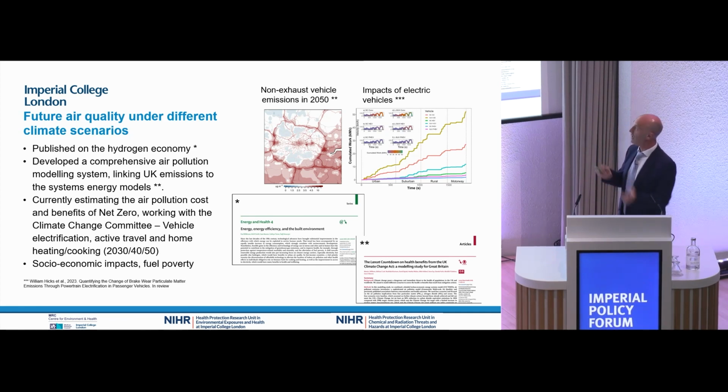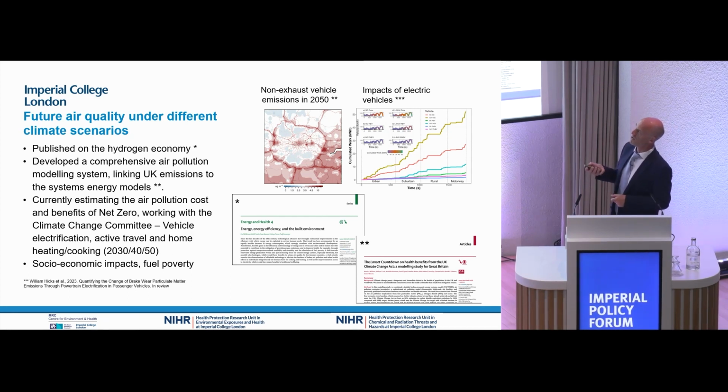We've also done an NIHR project, with Martin Williams, and we produced air pollution modelling systems, including emissions that were linked to systems energy models, and that's quite important because the whole energy system of an economy is really important and very interlinked, and so that drives some of the emissions that we would want to look at in our model.